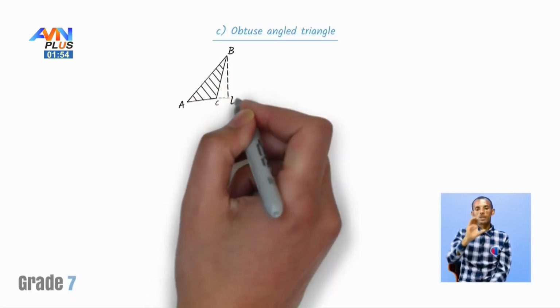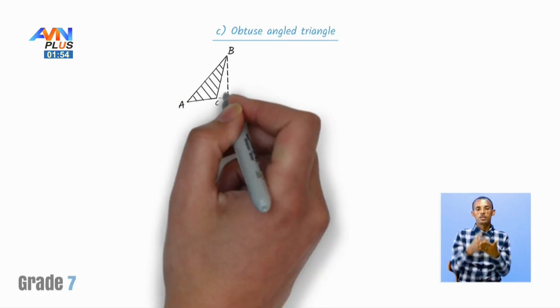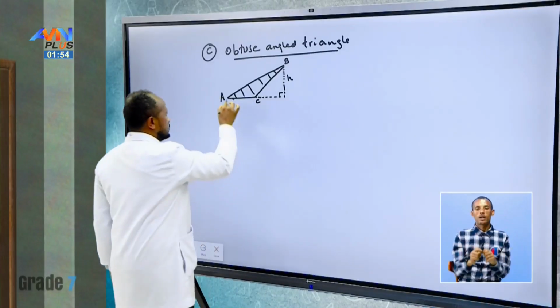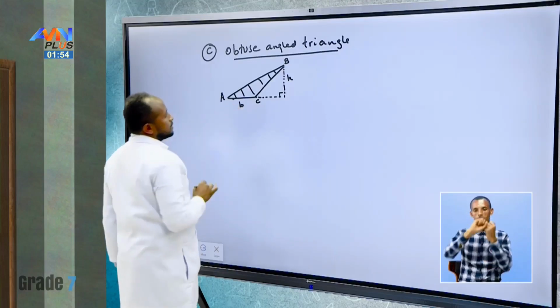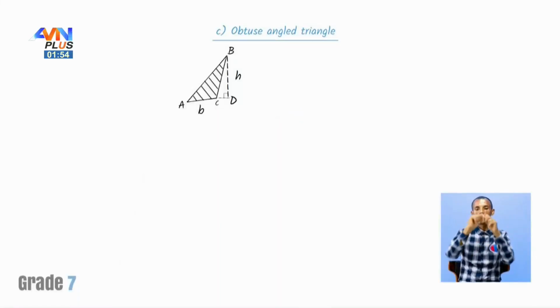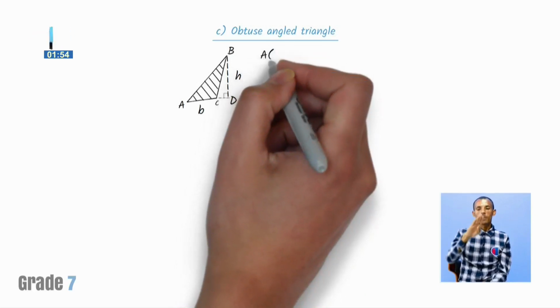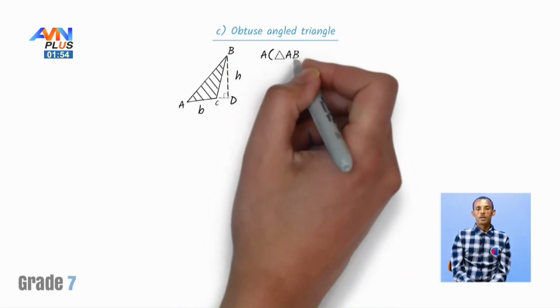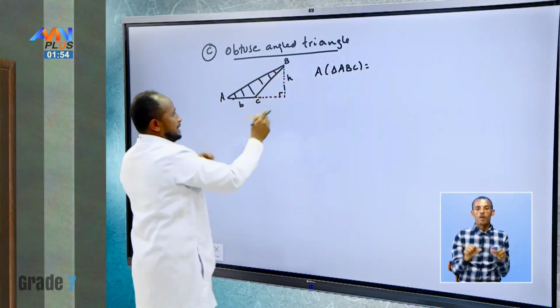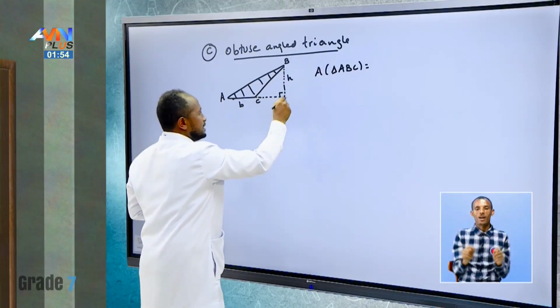So this will be the height of the triangle, and this will be the base. So the area of triangle ABC will be equal to the area of the total triangle. Assume this point to be D.